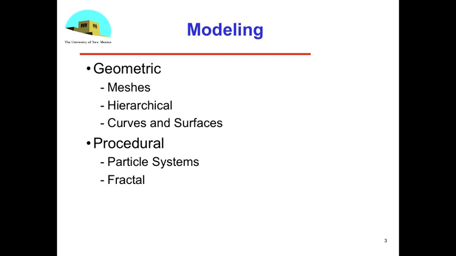We'll talk, starting next week, about making our models hierarchical, where parts of the model can depend on other parts, and that will often simplify the geometry quite a bit. Curves and surfaces we'll talk about towards the end of the course, but that still all fits as some sort of geometric model.